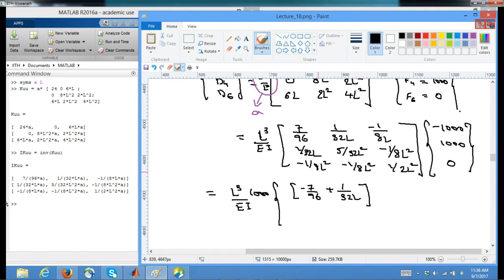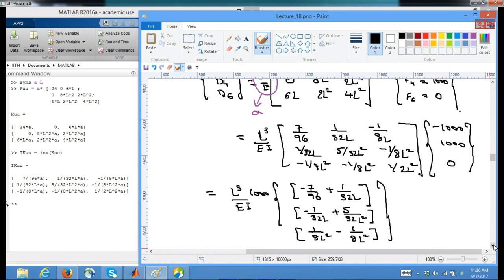The next one is minus 1 by 32L plus 5 by 32L square. Third one is plus 1 by 8L square minus 1 by 8L square is the solution.